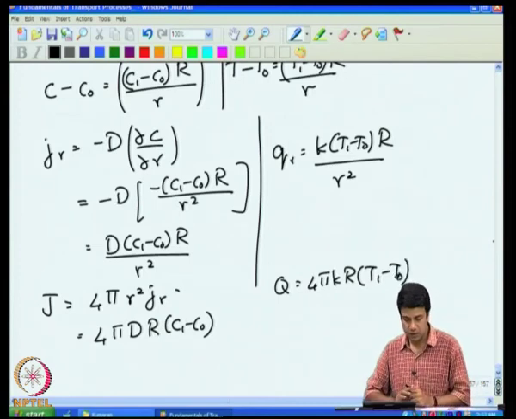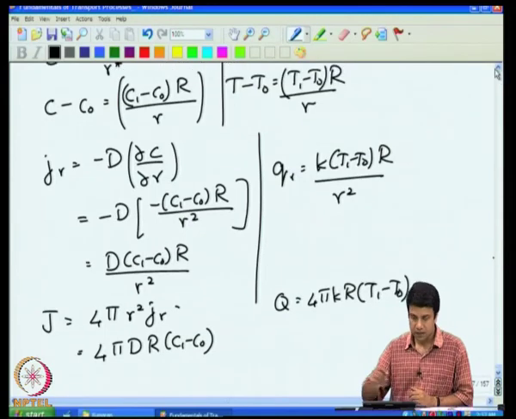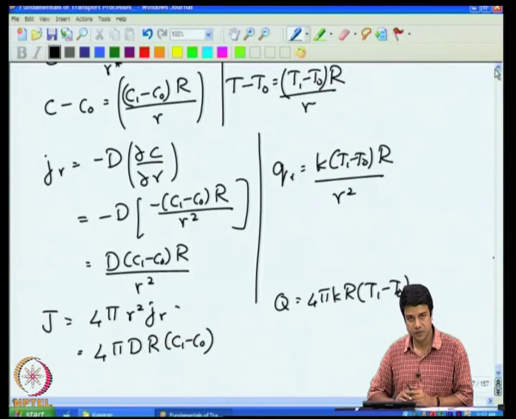Now, I had previously expressed concentration and temperature in terms of the temperature difference or the concentration difference between the surface and far away. I could also express it as a function of the total amount of mass coming out or the total amount of heat coming out.